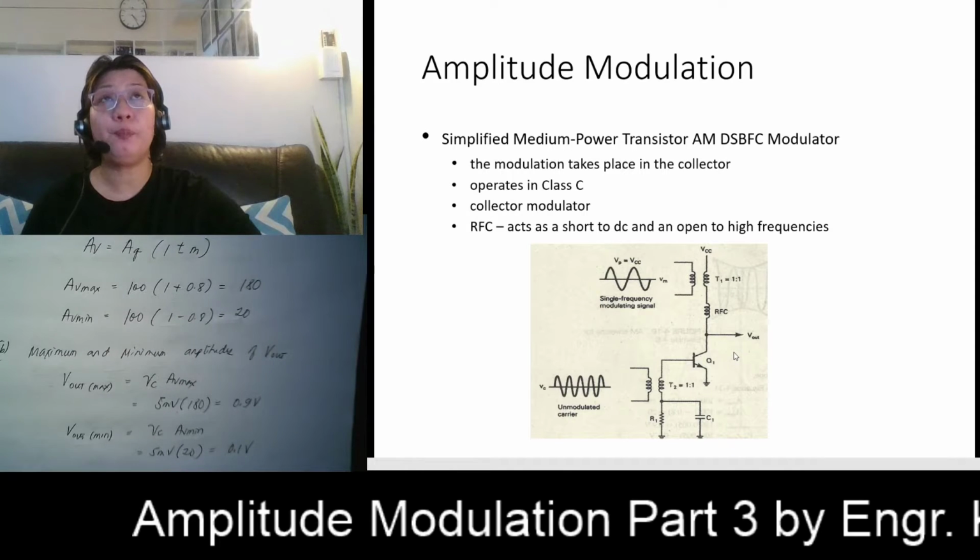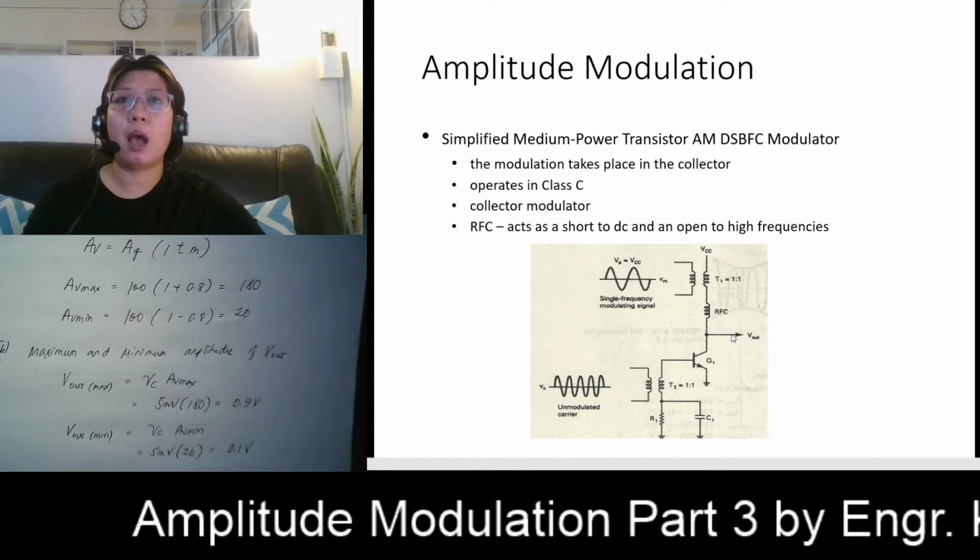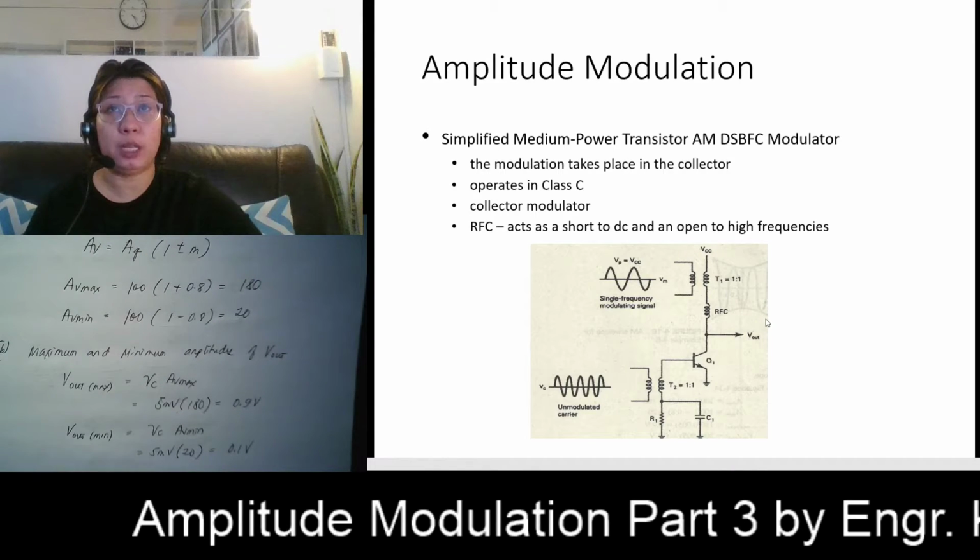Unlike for low level, where the modulation takes place before the output stage, so whatever the product of your modulation, it will still be amplified. In this case, since modulation takes place at the output element or the final active stage of your transmitter, there are no amplifiers between it and the antenna. So we call this a high level modulator. This is our definition for high level modulation because modulation takes place at the collector.